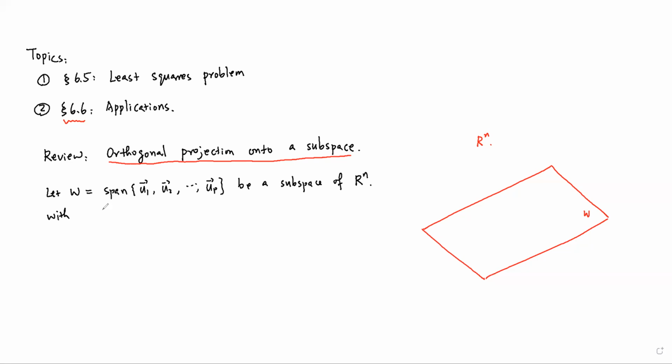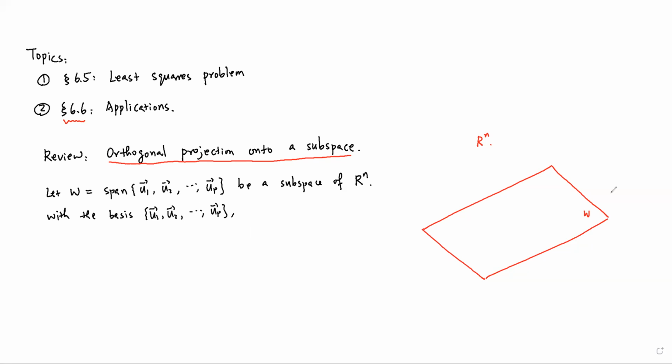With the basis means a smallest spanning set. A smallest spanning set. With the basis U1, U2, UP, we cannot drop any of them and still span the same subspace.